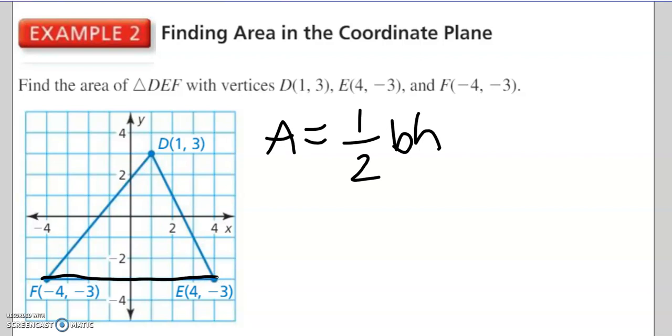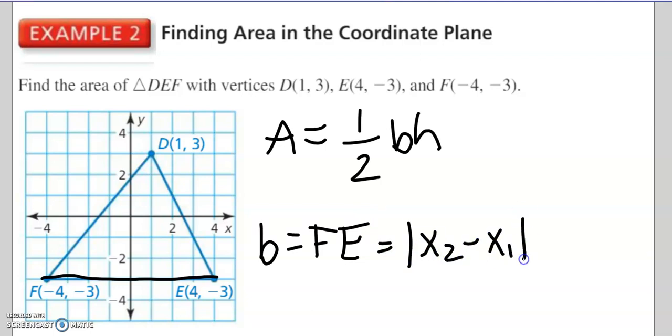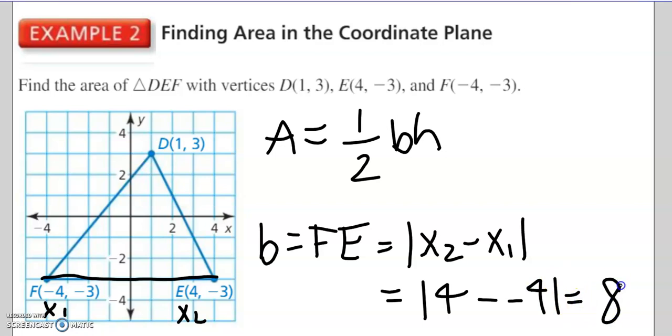Let's do that, and I'm going to write the base equals FE. And it's a straight line like that, so I'm going to use the absolute value of x2 minus x1. Here is my x1. Here is my x2. Absolute value of 4 minus negative 4 becomes 4 plus 4, gives me absolute value of 8, which is 8.